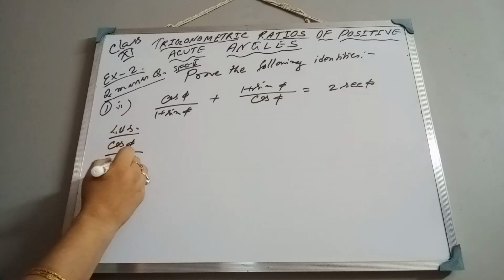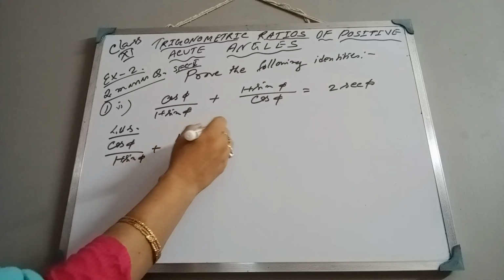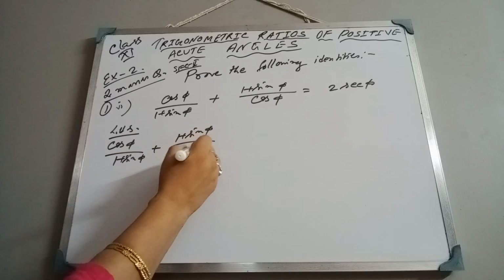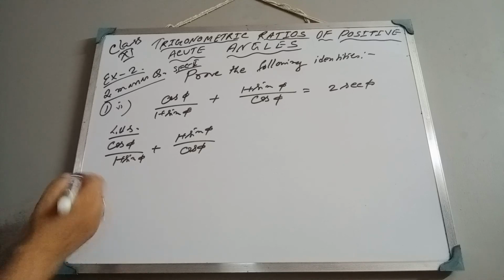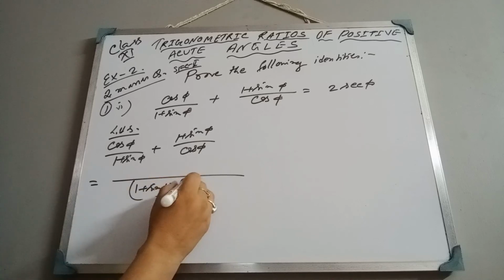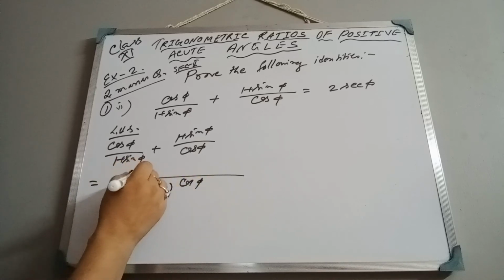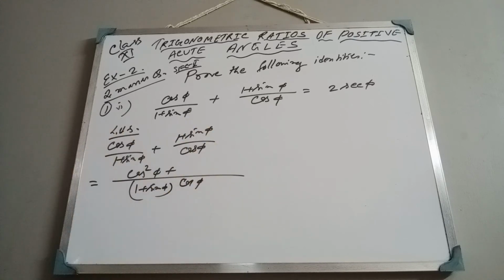Cos phi by 1 plus sin phi plus 1 plus sin phi by cos phi. Just do the LCM. Then what we will get? 1 plus sin phi into cos phi in the denominator. And obviously this part will be cos square phi, and this is 1 plus sin phi whole square.